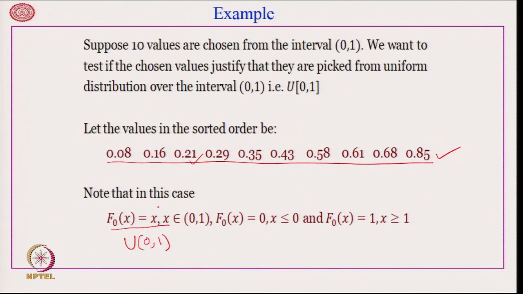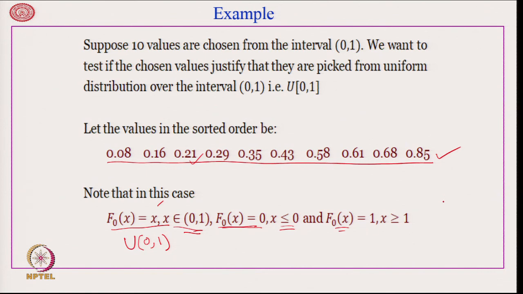Therefore, F0(x) is equal to x for x belonging to 0 to 1, because in the uniform 0 1 distribution, the variable takes values only from 0 to 1. F0(x) is equal to 0 for x less than or equal to 0, and F0(x) is equal to 1 for x greater than or equal to 1.